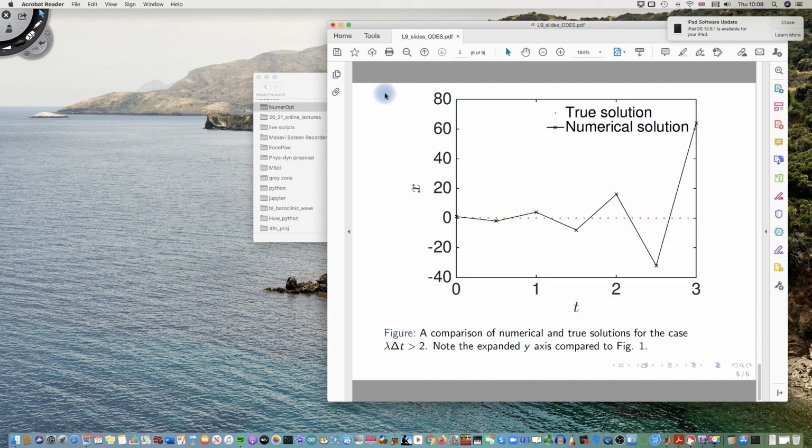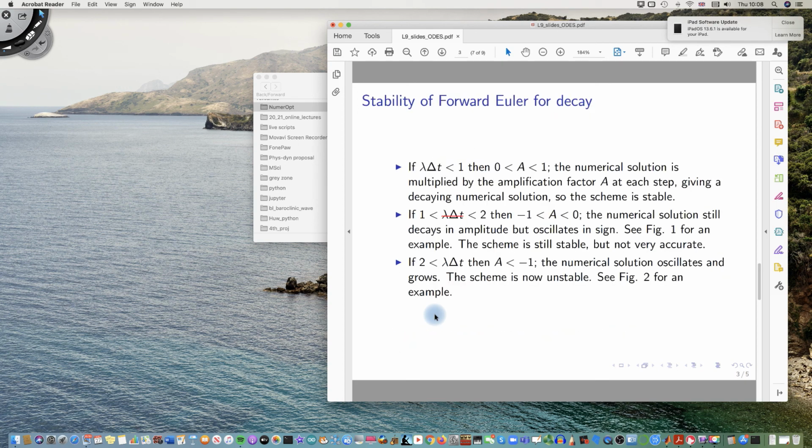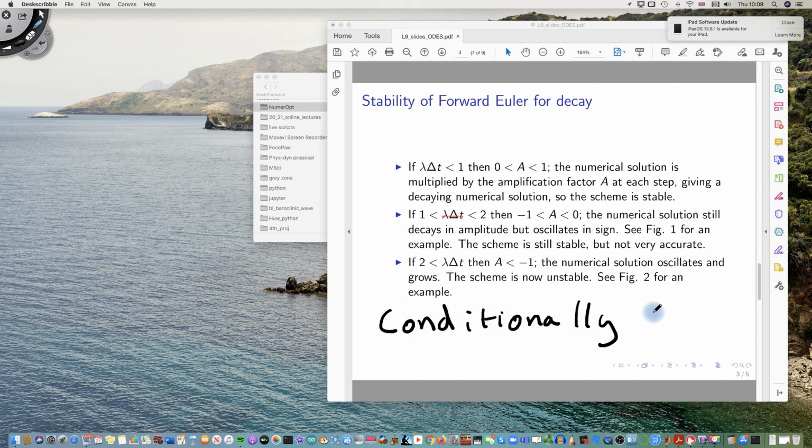Just one thing about this scheme is, if we go back to these things, we have conditions on lambda and delta t for stability. So one name for this is that this is conditionally stable, i.e. the conditions for stability are these guys here, these top two cases.